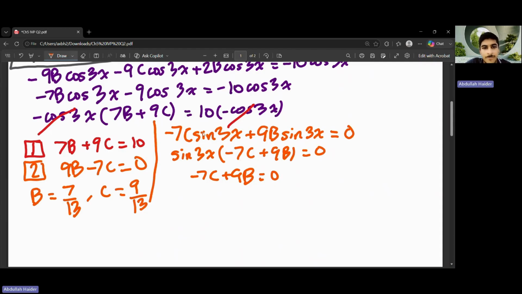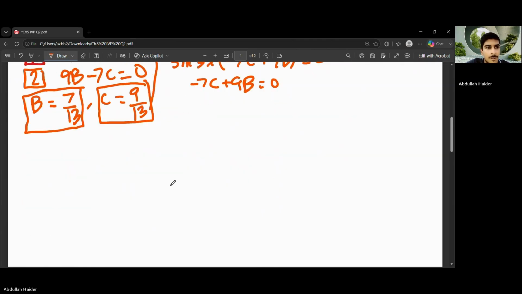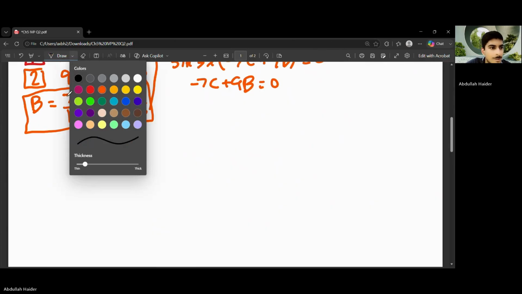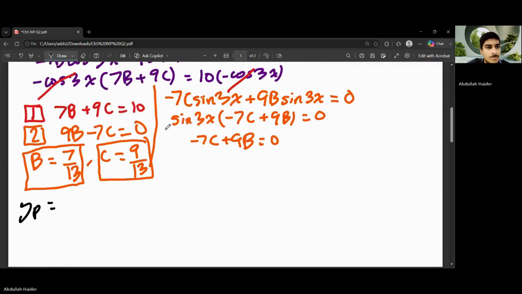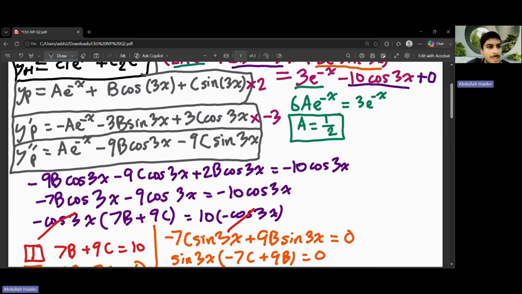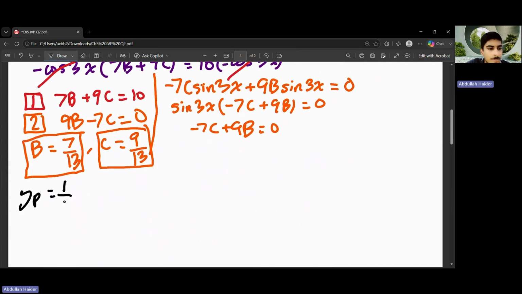So now you have a, you have b, you have c. You can finally write the proper YP equation. YP is equal to a e power minus x, where a is 1 over 2, so 1 over 2 e power minus x.